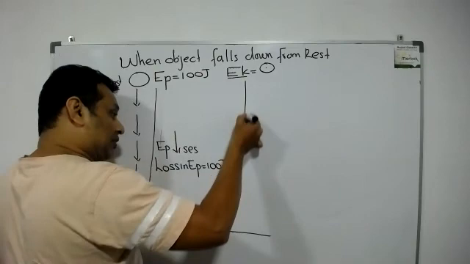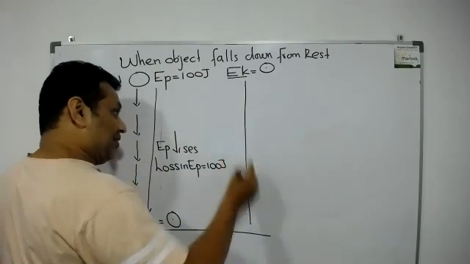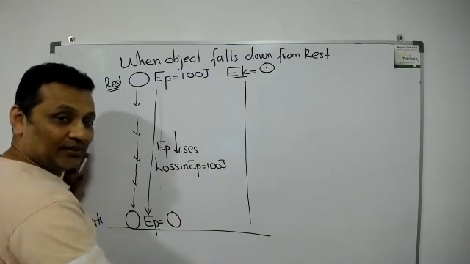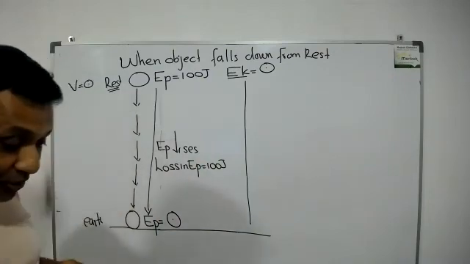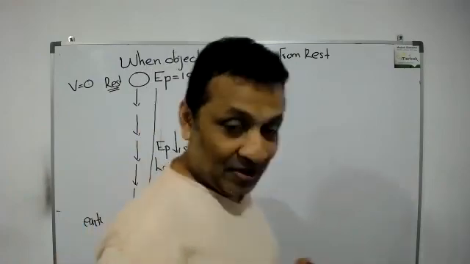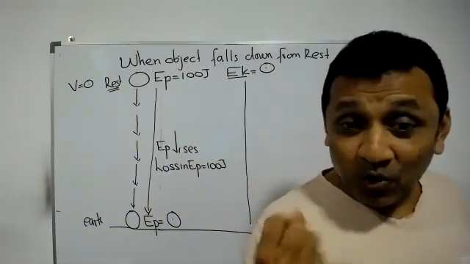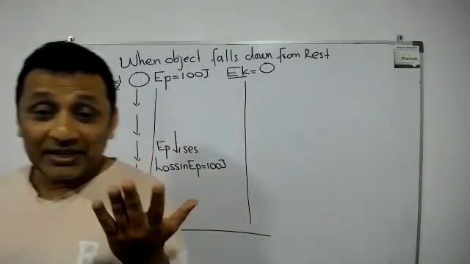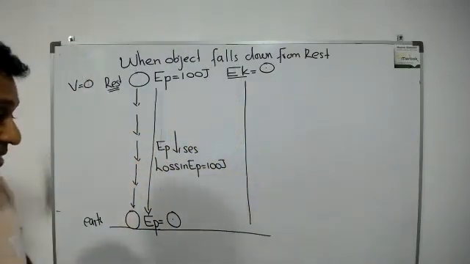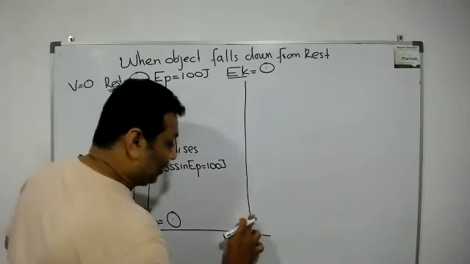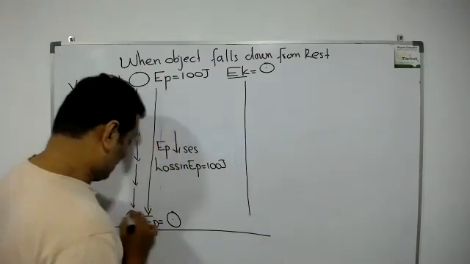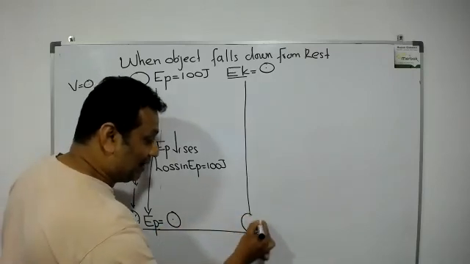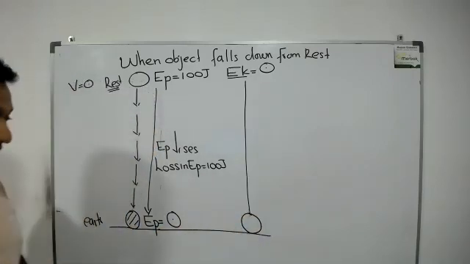What can you tell about EK when you go down, down, down? What will happen to the speed? What will happen to the velocity? The velocity will increase. If so, when it is touching the ground, will there be a kinetic energy?